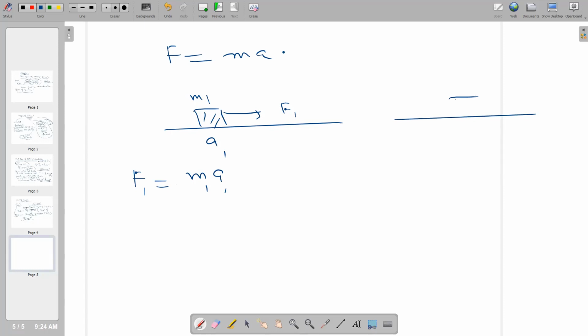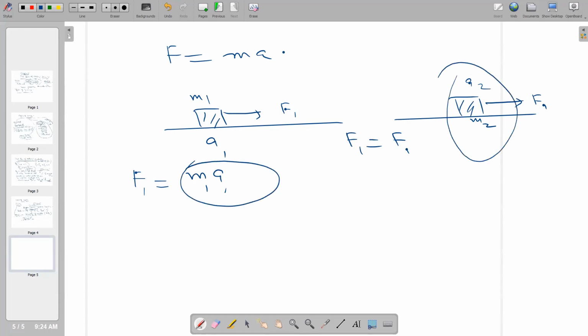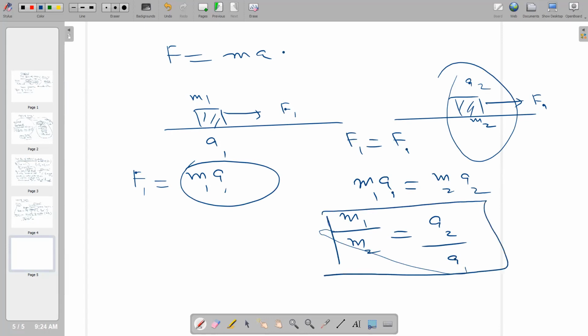We have a second mass and second acceleration, and the force is the same. So if the forces are equal, then the equations are equal: m1a1 = m2a2. So here m1/m2 = a2/a1. You can write this equation in this style.